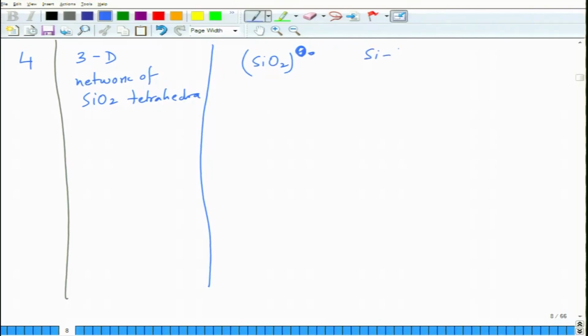Si will have 4, oxygen will have minus 4, net will be 0. So this is basically a crystalline silica, which is called quartz.